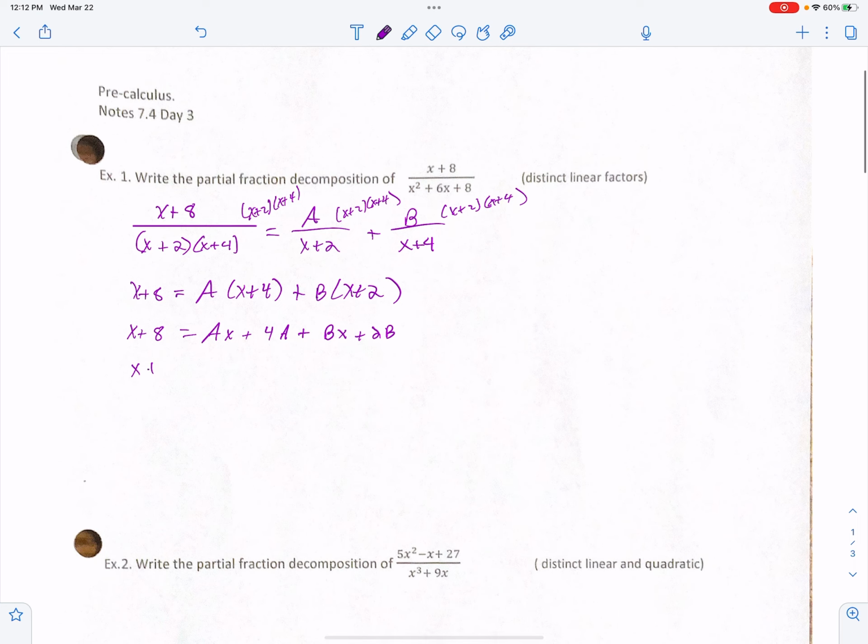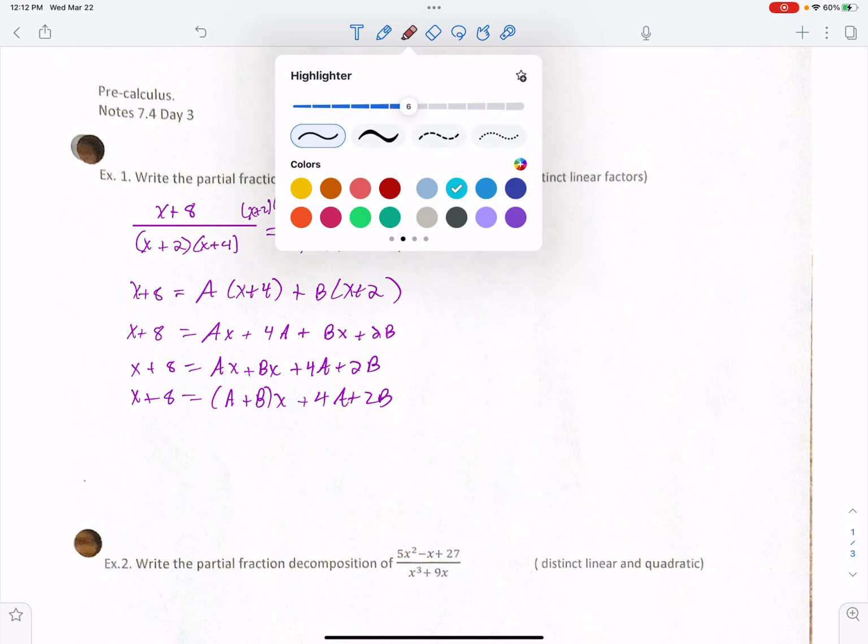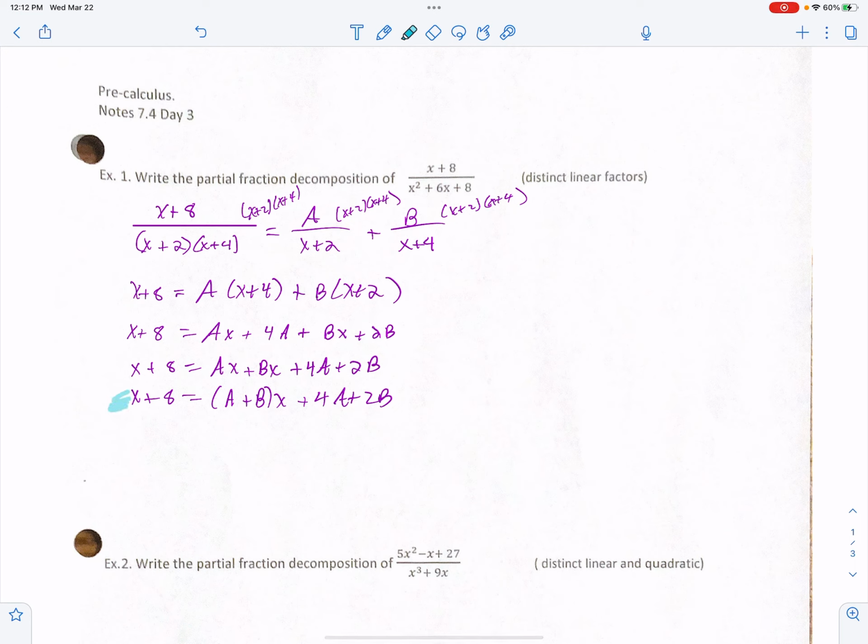And then if I move the terms with x next to each other, and then the constants to the right, I can factor out the x. And so now, the coefficient of x on the left has to equal the coefficient of x on the right.